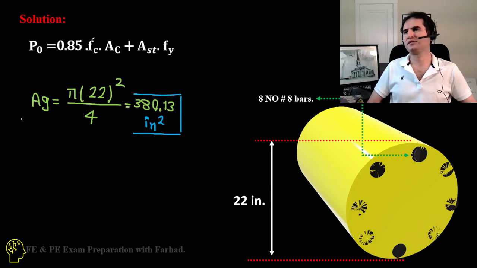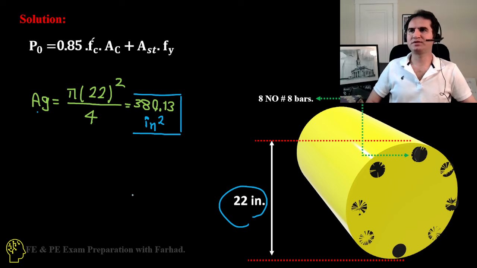So first of all, we calculate the entire cross section, or gross section, Ag, that's a quarter of pi times d squared, which is 22, and we can get Ag in inch squared.